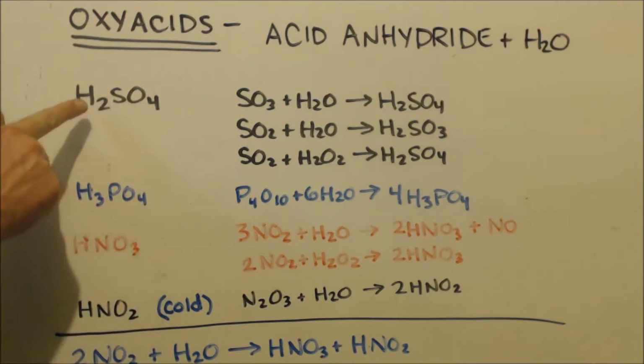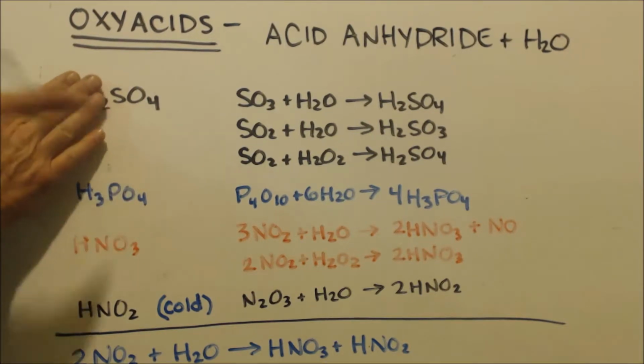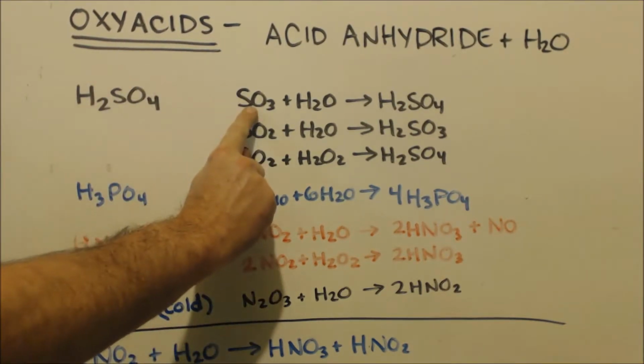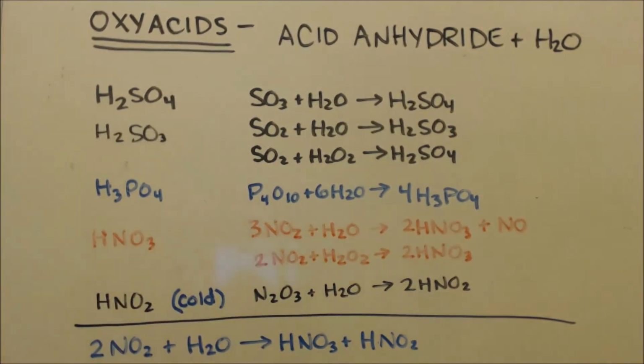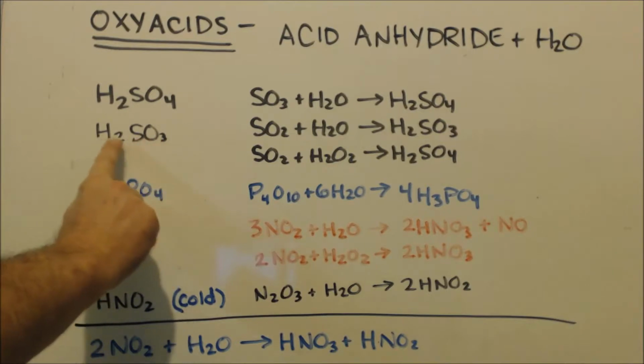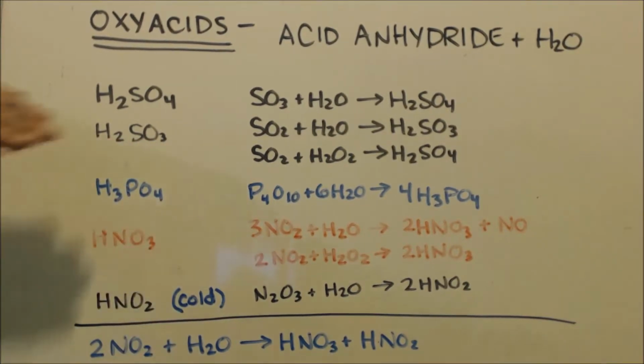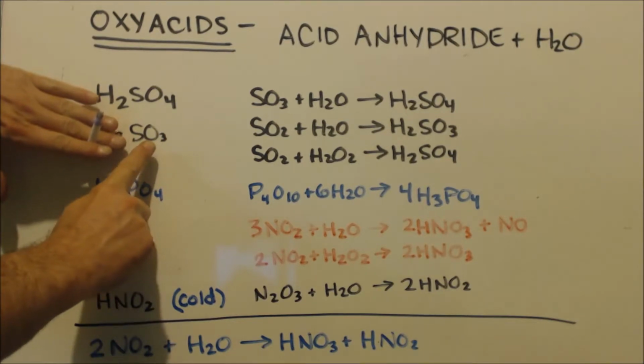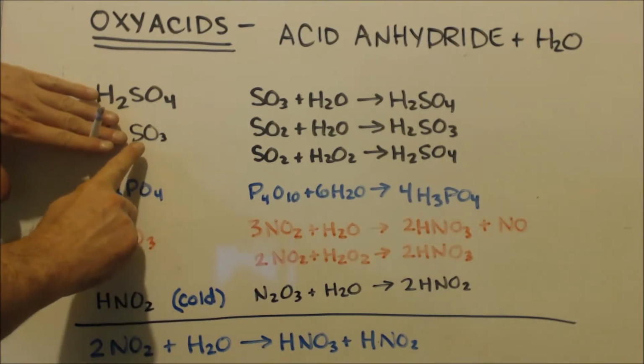But anyways, look at this. If I take a water molecule off of this, H2, and I take off one O, that'd be SO3. That's your anhydride. Now what if I had sulfurous acid, H2SO3? Take the H2 off, take one of the O's off, and I'd have SO2.